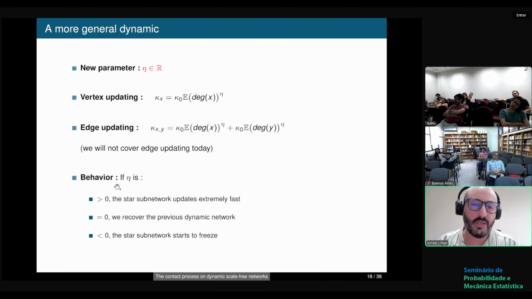So we expect this network to update extremely fast. If eta is equal to 0, then we recover the model proposed originally by Mörters and Jacob. And if it is negative, then the star subnetwork starts to freeze: the larger the degree, the more static the vertices are.